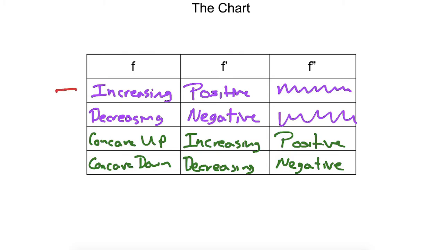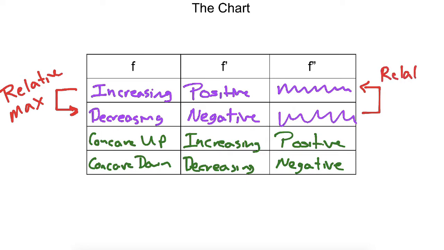If you're going from the top line to the second line, this is where you would have a relative maximum. If you're going from the second line to the first line, this is where you would have a relative minimum.